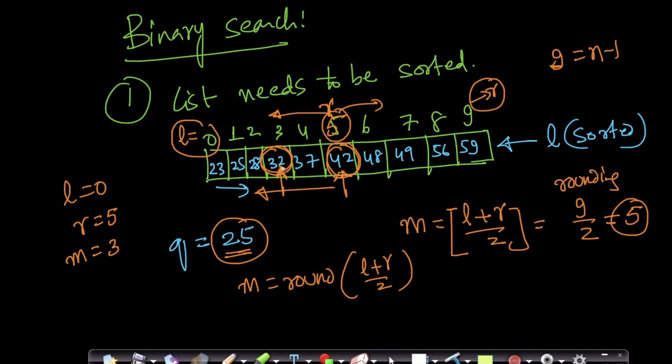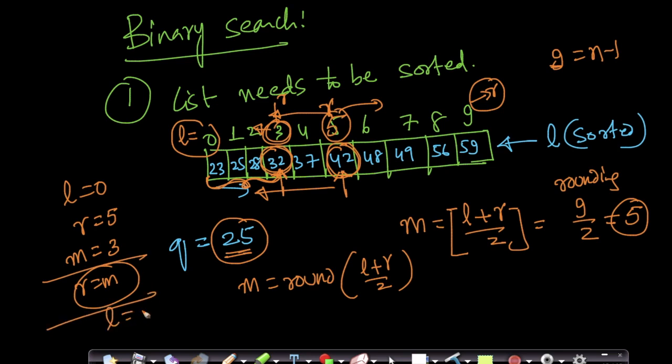I compare 25 with 32. Again, 32 is still greater than 25, which means that if 25 exists in this array, it has to be less than the third index, somewhere in this part of the array. So I'll make my R equal to M, which is 3.